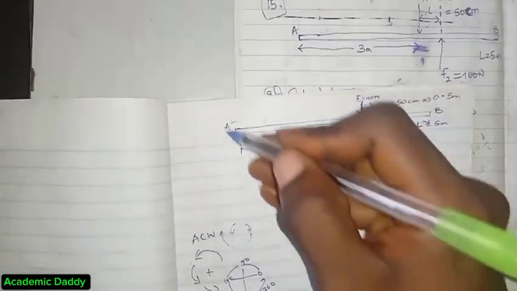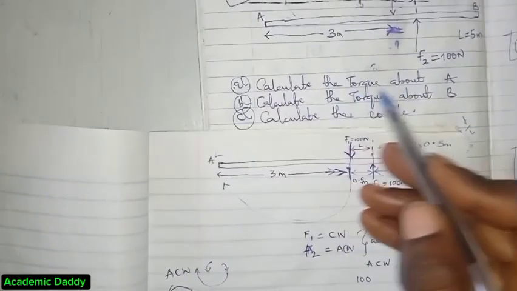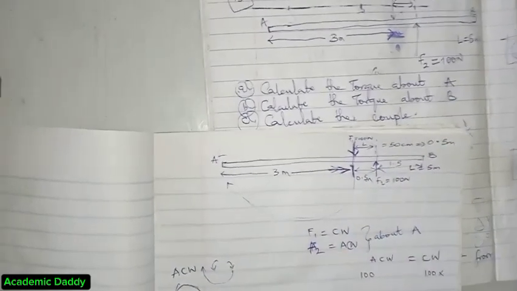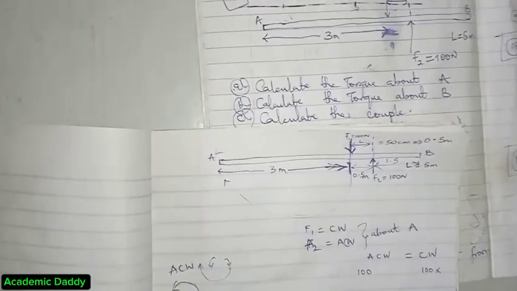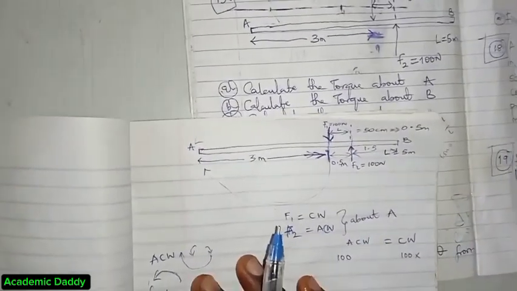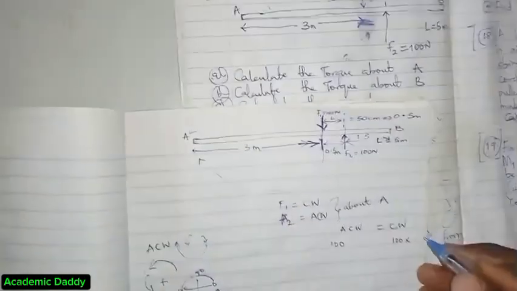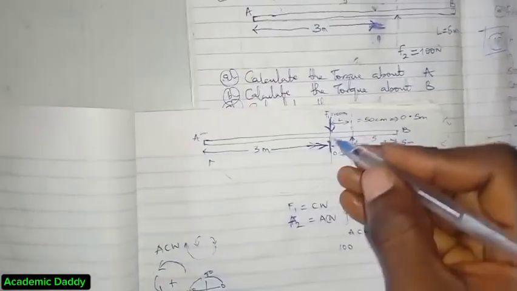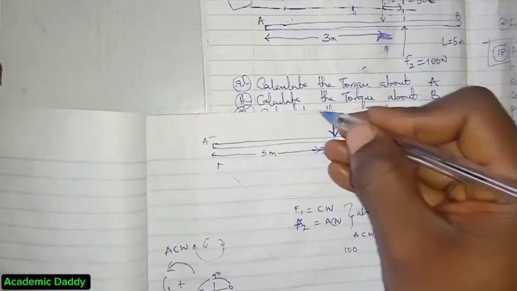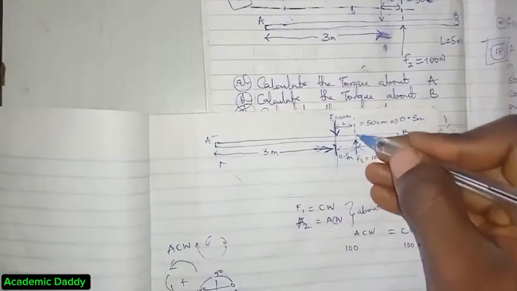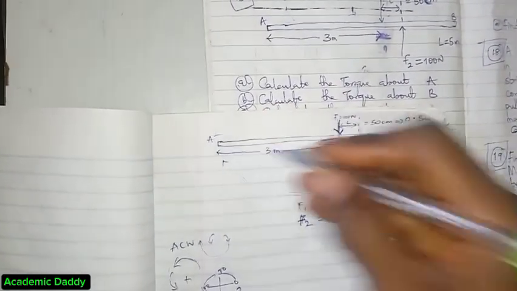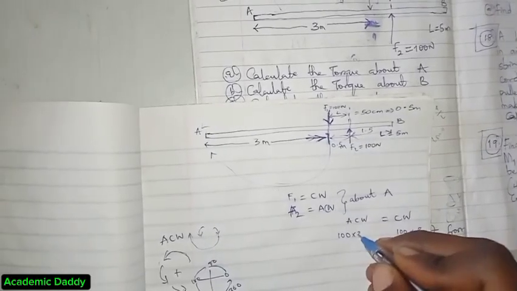But about A, that's what I'm looking at. Remember, calculate the torque about A, and torque is the product of force and distance in circular motion. So as it moves this way, it's covering 3 meters, times 3. This one that moved anti-clockwise is covering this 0.5 and 3 meters, so it's covering times 3.5.